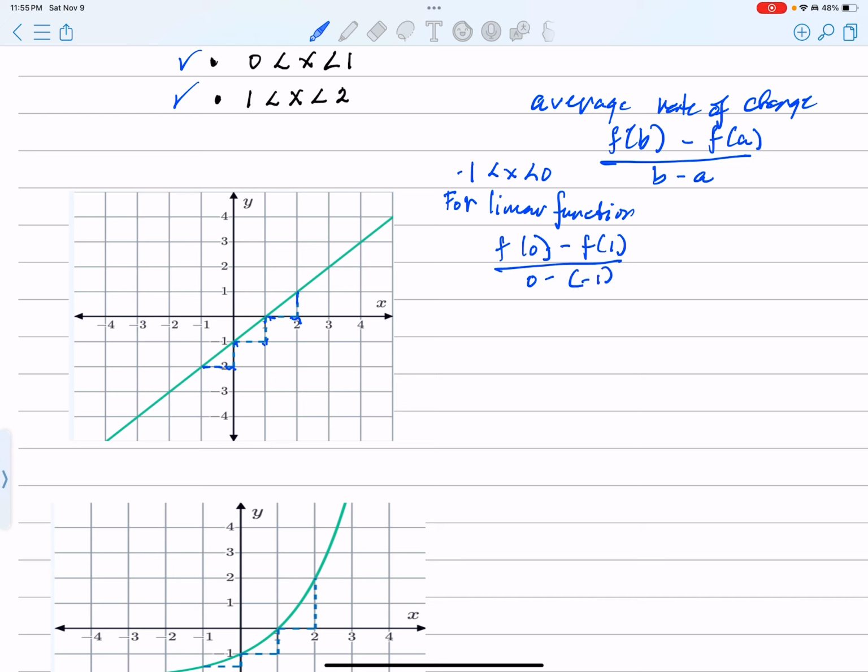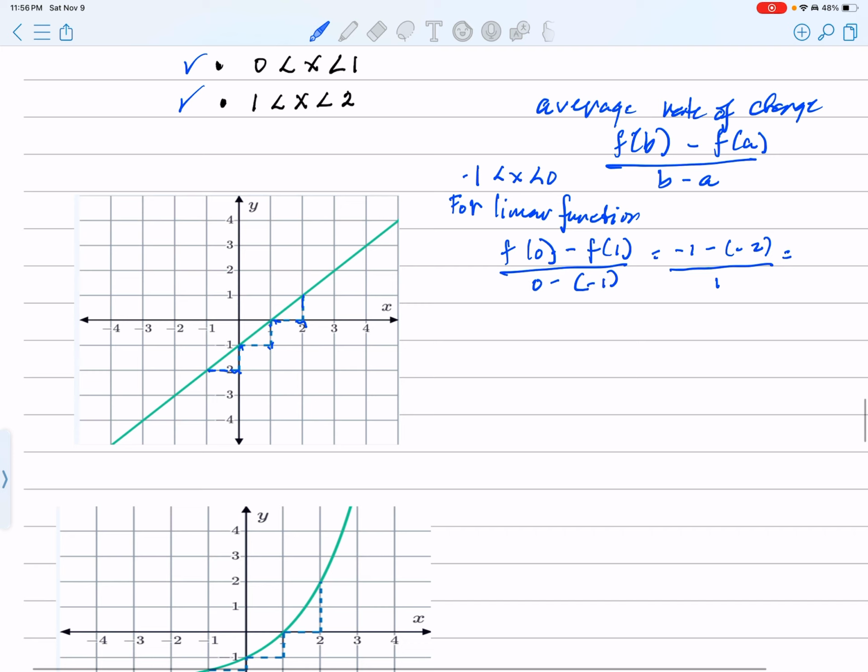All right, so this would be equal to negative 1 minus negative 2 over 0 plus 1. So negative 1 plus 2 is 1 over 1. So the rate of change there is 1.